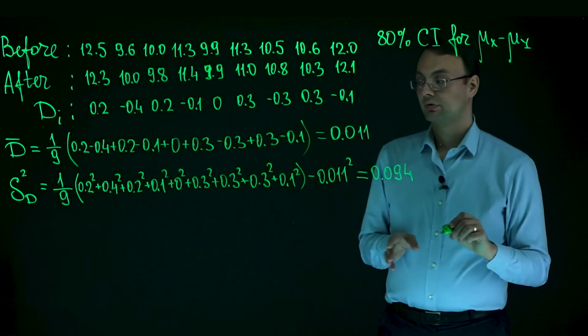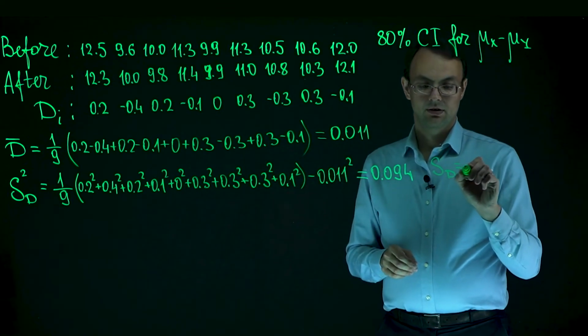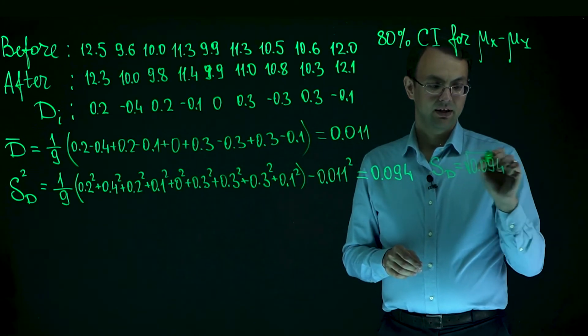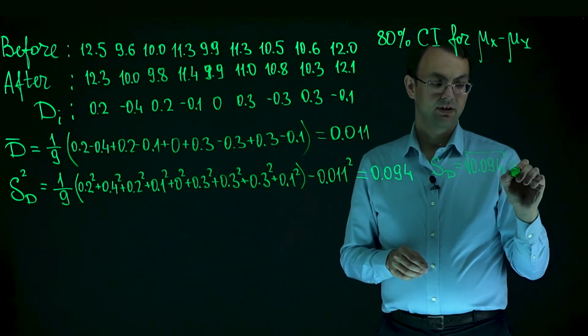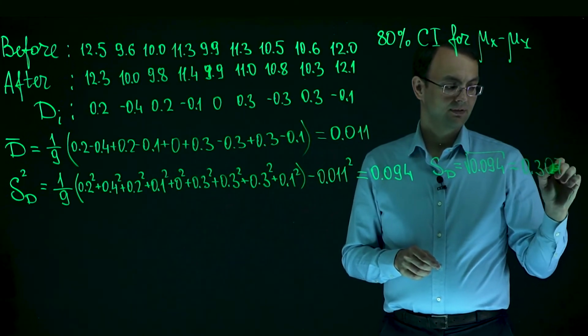So sd is the square root of 0.094 and is approximately equal to 0.307.